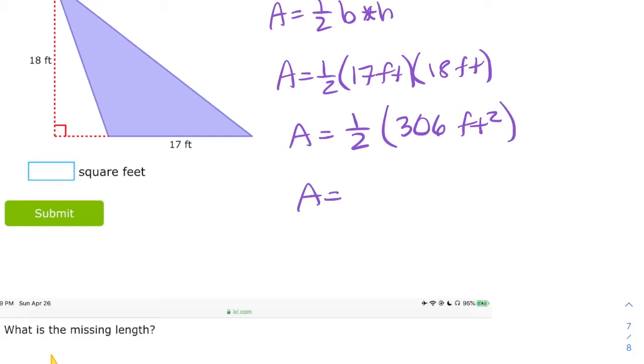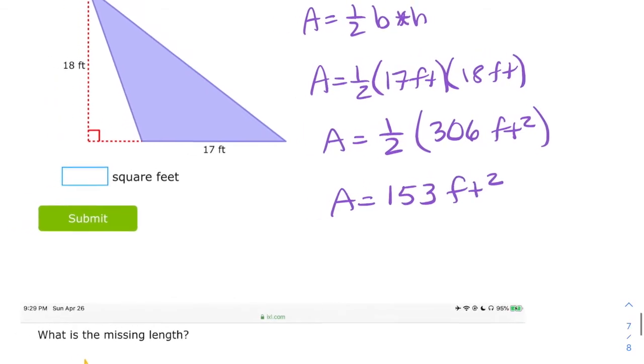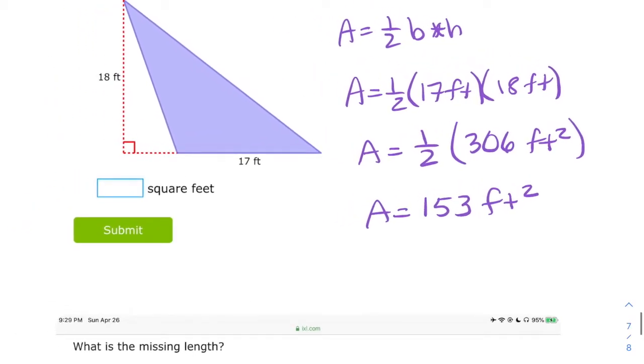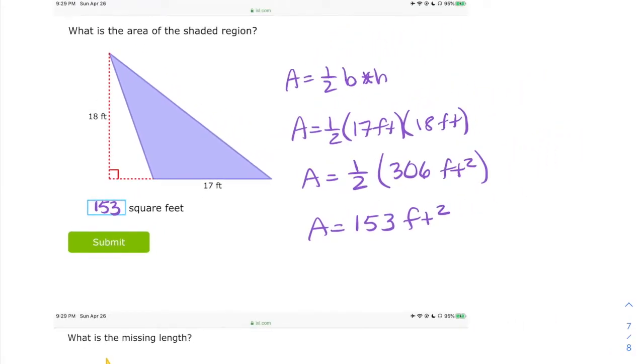Half of 306 is 153. So 153 square feet. Again, you can get that just by doing 18 times 17 and dividing that by 2.